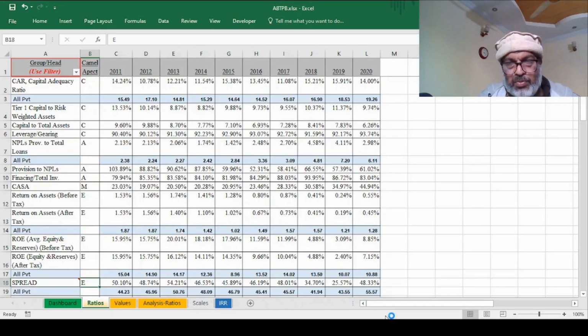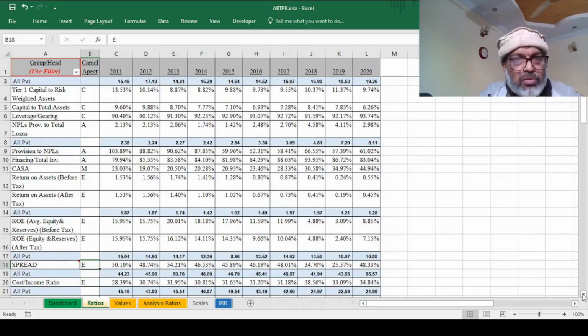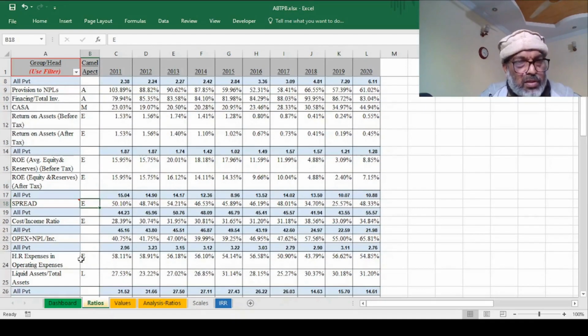And spread means I have already told you in the previous section. Cost to income ratio, operating expenses are how much of the spread, and operating expenses plus non-performing loan ratio to the income, and HR expenses to the operating expenses, liquid assets to the total assets.